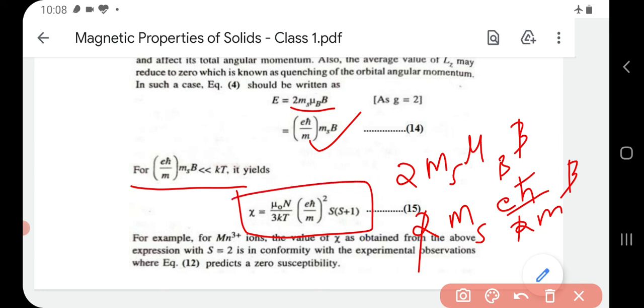So this formula is mainly used to calculate the susceptibility for transition metal ions like Mn2+.